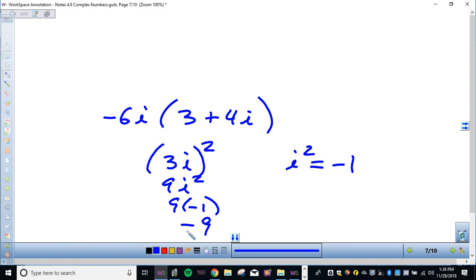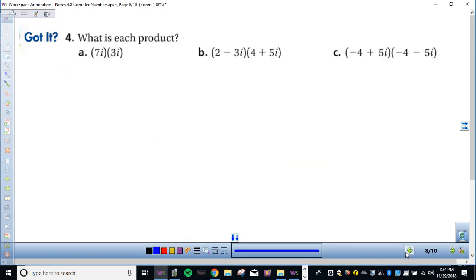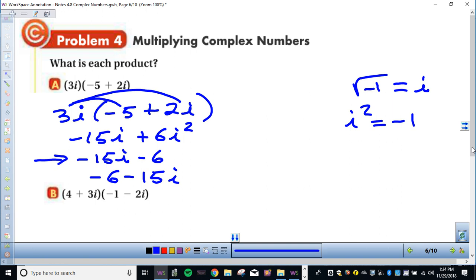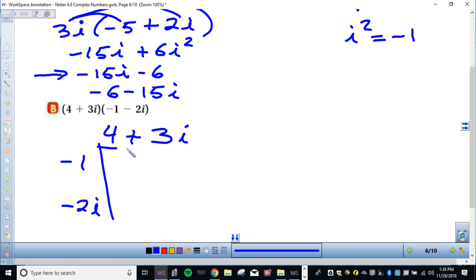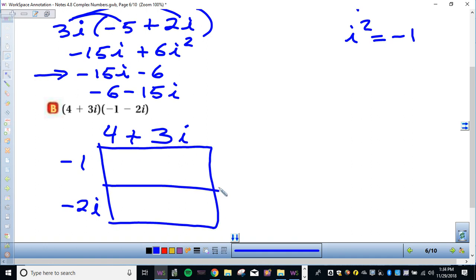Okay, let's do... You should have written that one down already. We're going to do the box method of foiling. Yeah, this is notes.